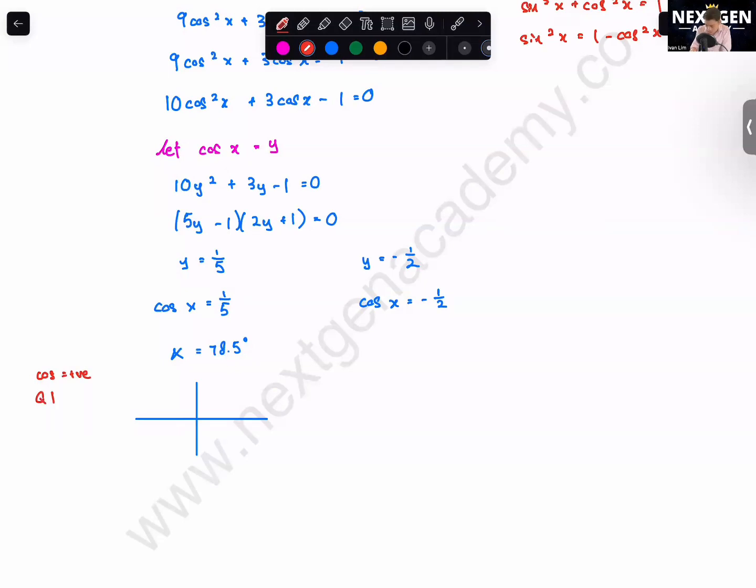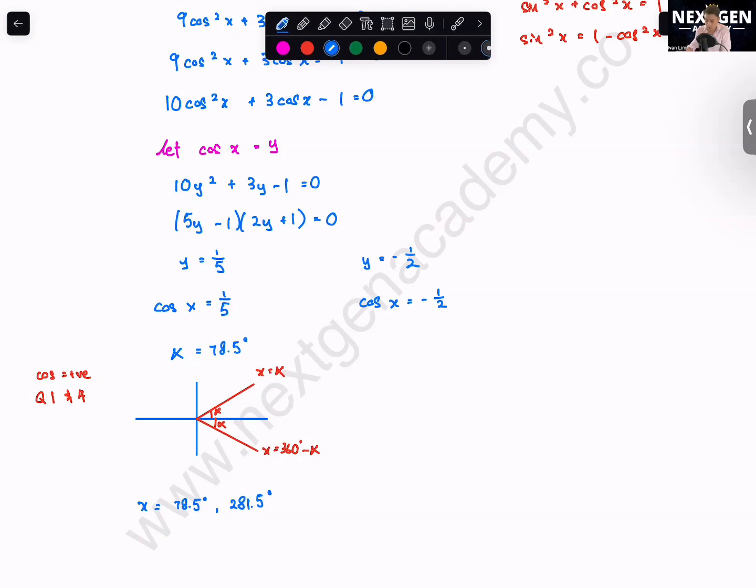A and C, quadrant 1 and quadrant 4. To find them, quadrant 1 is x equals alpha, and quadrant 4 is x equals 360 degrees minus alpha. So my final answer is x equals 78.5 degrees, and 360 minus 78.5, you get 281.5 degrees.